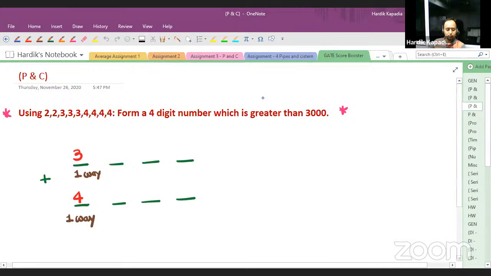Hanuma has answered. It has to be without repetition. It is without repetition. Perfect, Supriya.